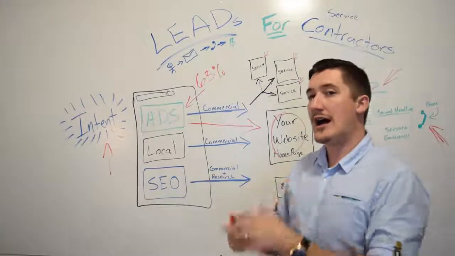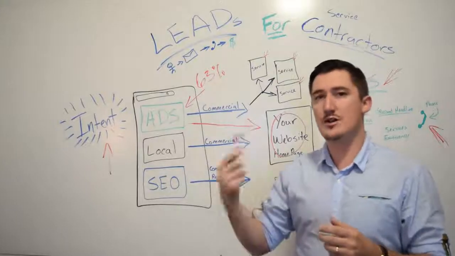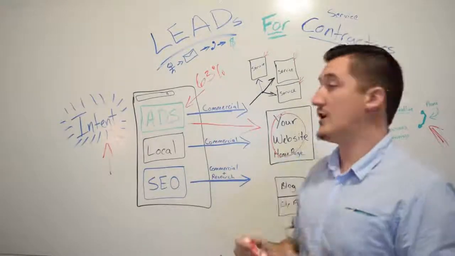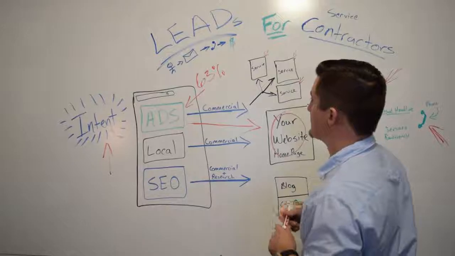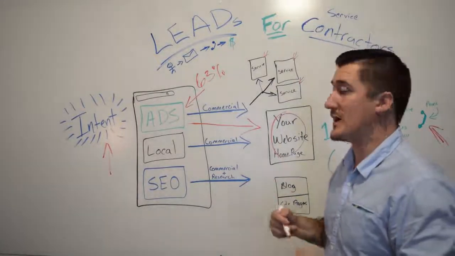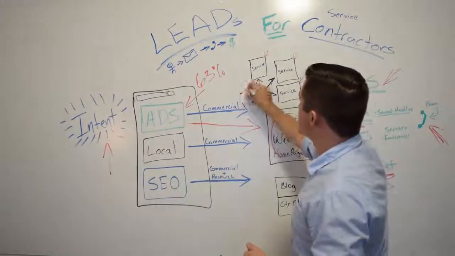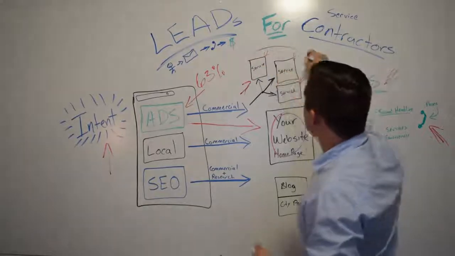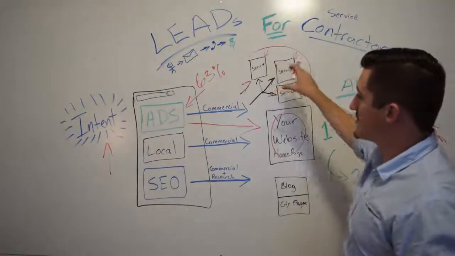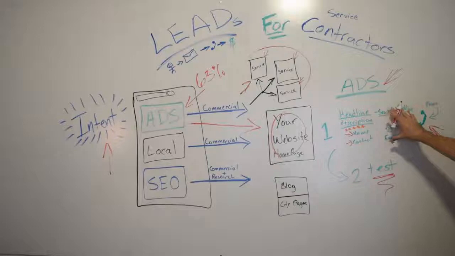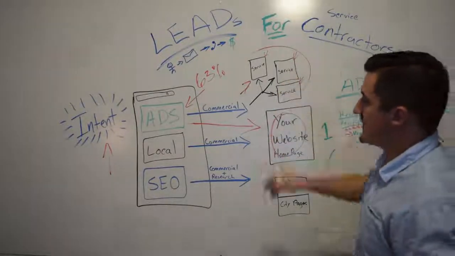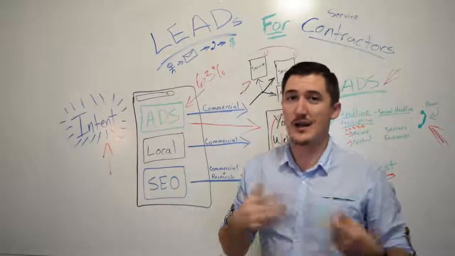So the higher your quality score, the cheaper it is to bid on some of those keywords, and your ads show up a lot more for less money. So again, sending them to service pages that are directly related to an ad, without all the distractions, you're going to generate a lot more leads.